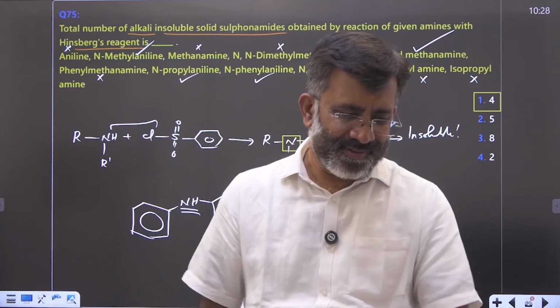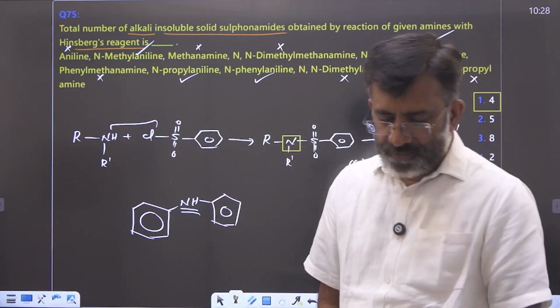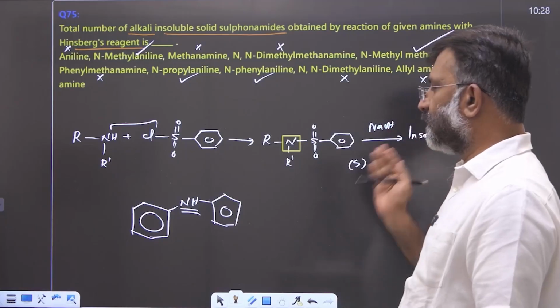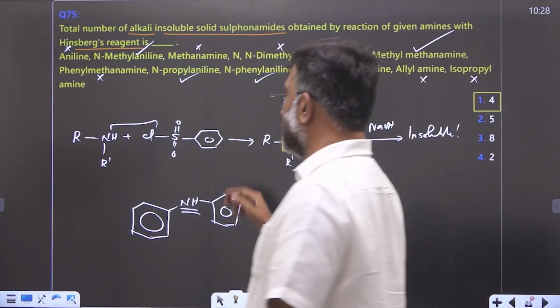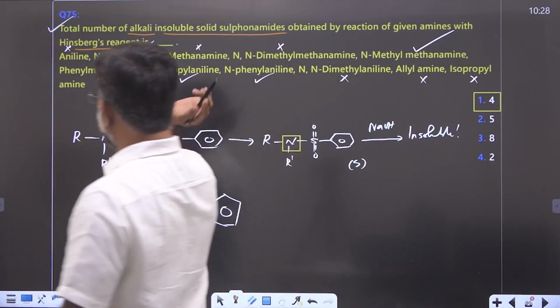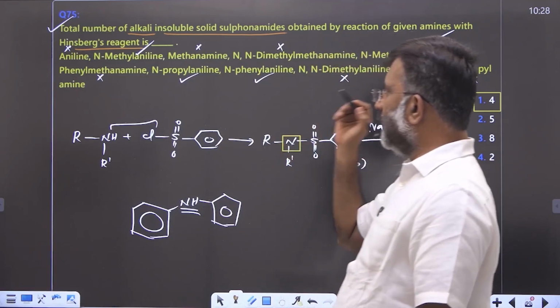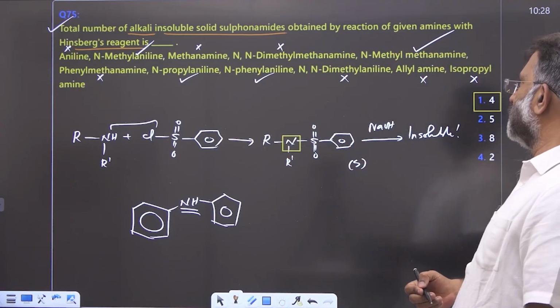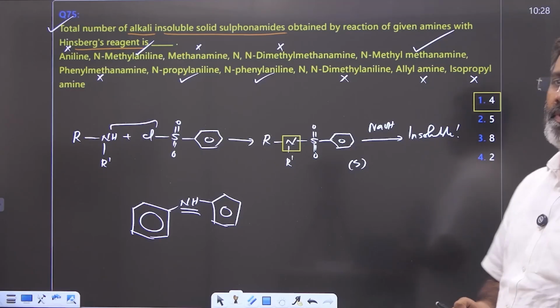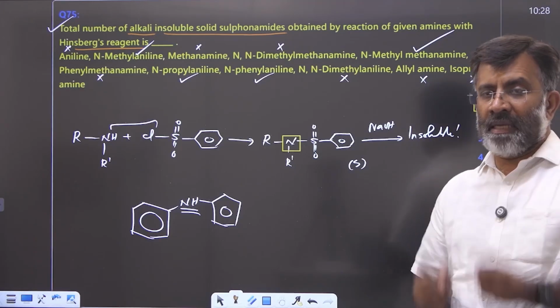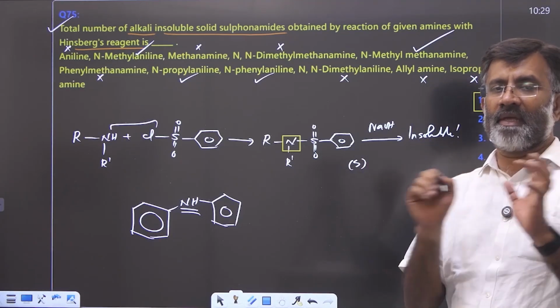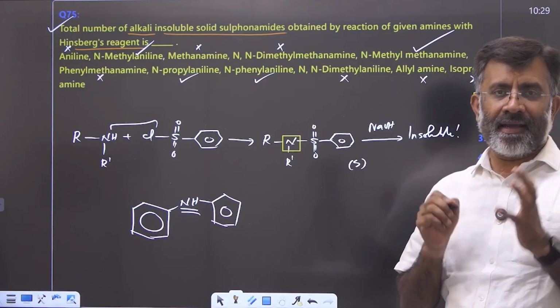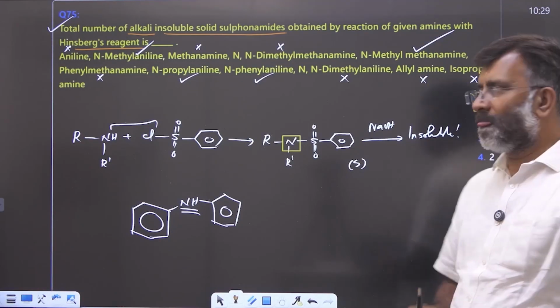Okay. So that's the answer. We are asked for secondary amine, and that is clear from this comment. Total number of alkali insoluble solid sulfonamides obtained by reaction of given amines with the Hinsberg reagent means secondary amines. From the list, how many are secondary amines? That is the question.